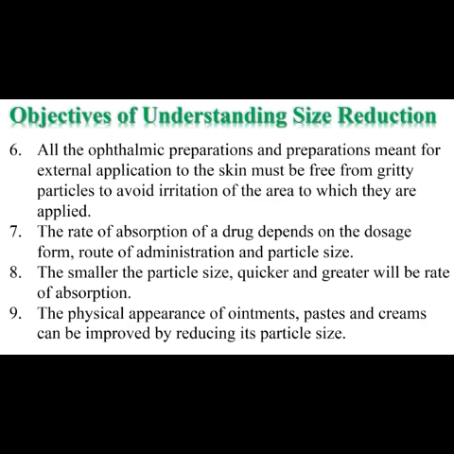And the third method is impact. The common equipment used for impact is hammer mill, and the approximate particle size is 50 to 8,000 micron. And the fourth method is attrition. The common equipment for attrition is colloidal mill and roller mill, and the approximate particle size for attrition is 1 to 50 micron.